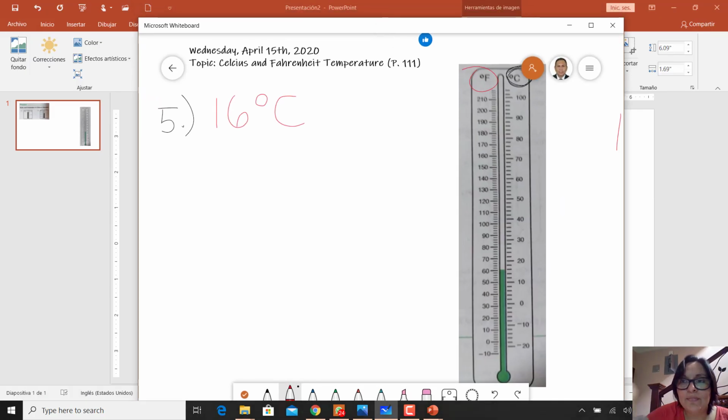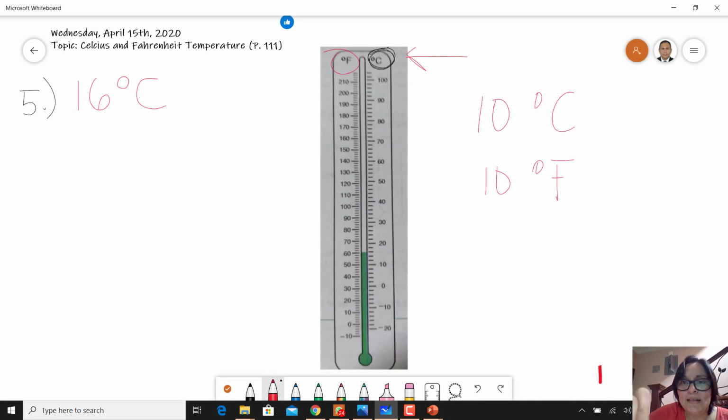Here we have, look, here we have the Celsius degrees. So where do we have 10 Celsius degrees? Here, right? And where do we have 10 Fahrenheit degrees? These ones are the Fahrenheit degrees. Where do we have 10 Fahrenheit degrees? Here, right?